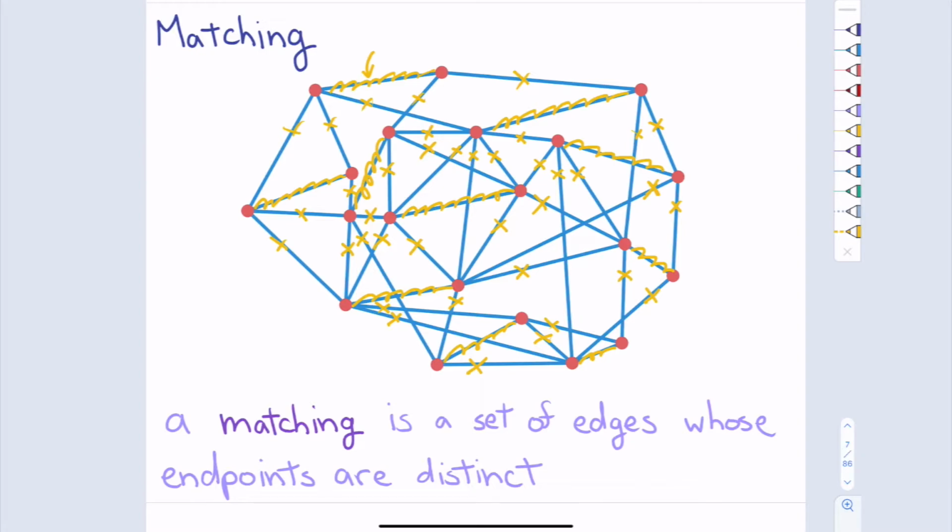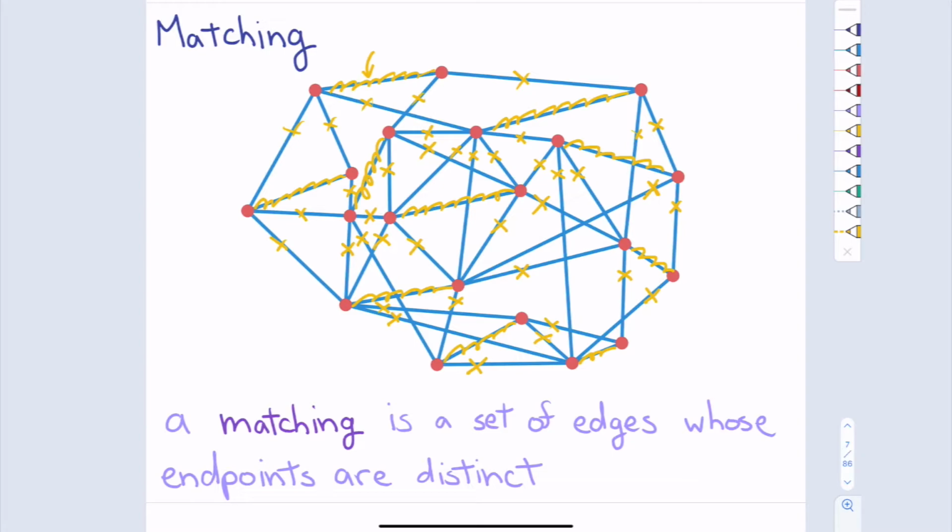No. We want to take as many edges as possible. We can only use each vertex once. Yeah. So this is packing. So is that maximal then? Because if we use 10 and there's 21. Yeah, there's 20 or 21 vertices.